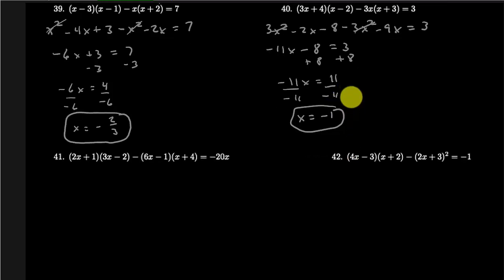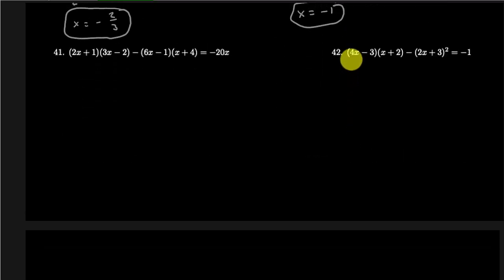All right, let's see. Let's FOIL. So I get 2x times 3x is 6x squared. Negative 4x plus 3x is minus x. And 1 times negative 2 is negative 2.